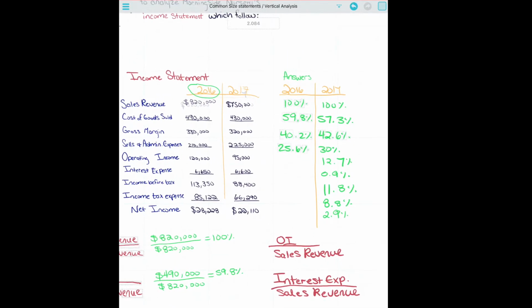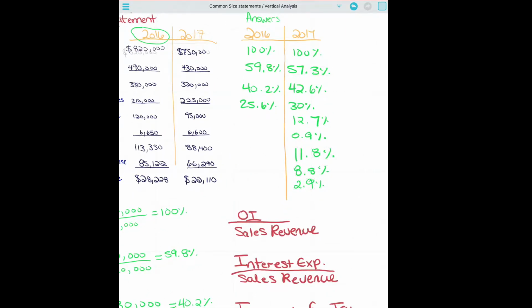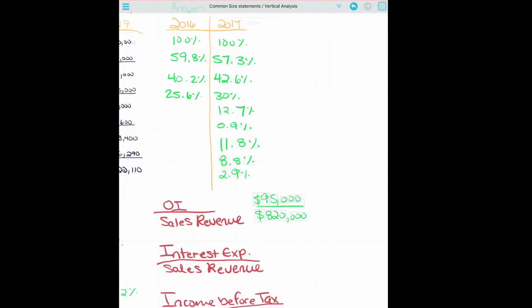Okay, now operating income, $95,000 divided by 820,000 gives you 14.6%.